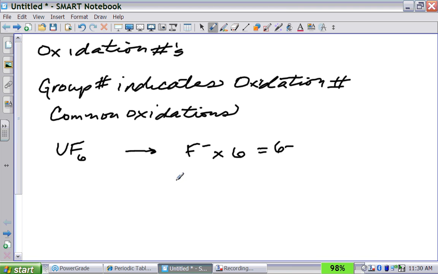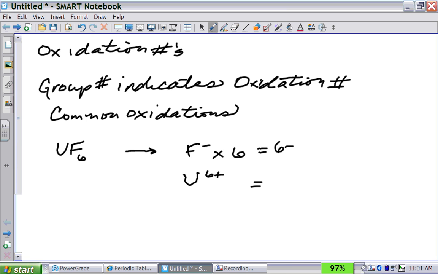Okay? Well, since there are no subscripts for uranium, then we can go ahead and assume that uranium must have a 6 plus charge, because remember, anytime we have a compound, oxidation states for compounds must sum to 0. They must be charge neutral unless it's a polyatomic ion.